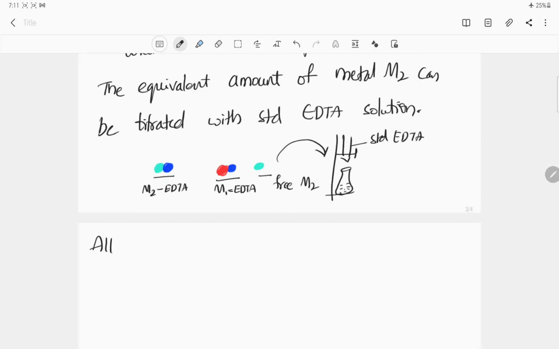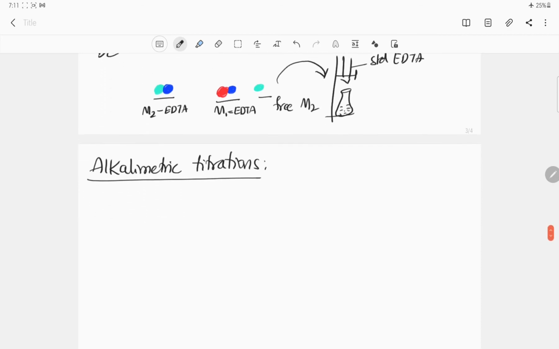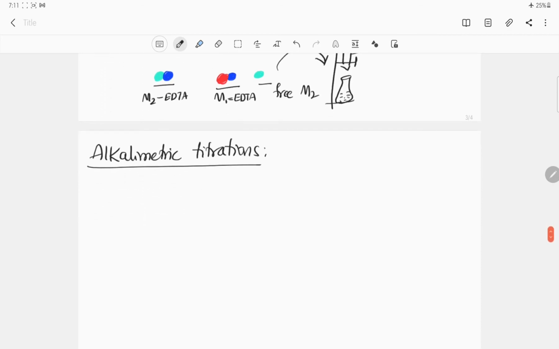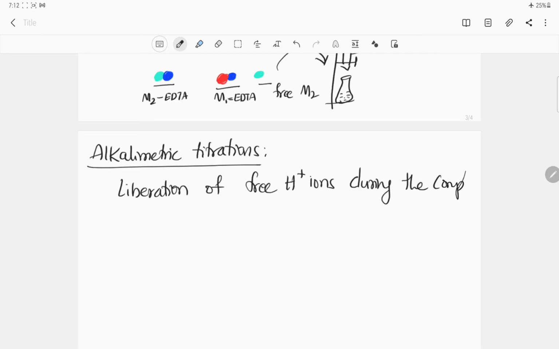Next is alkalimetric titrations. This method uses the principle of liberation of free H plus ions during the titration, during the complex formation.